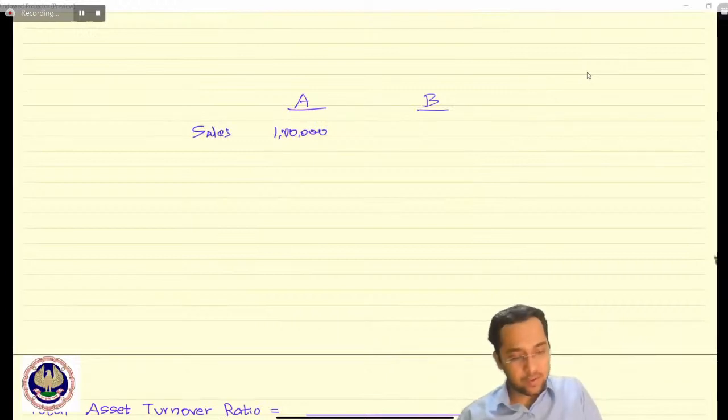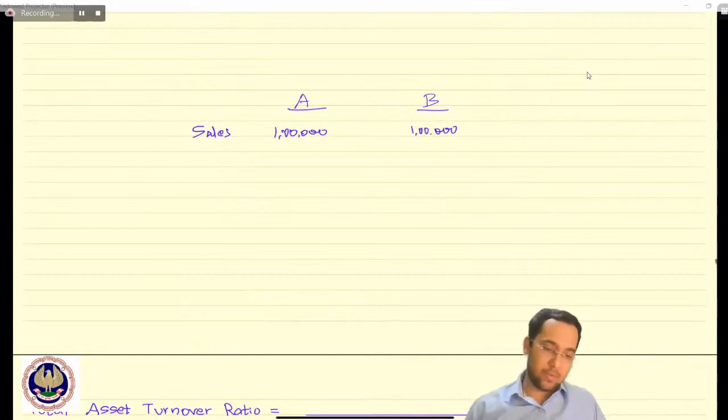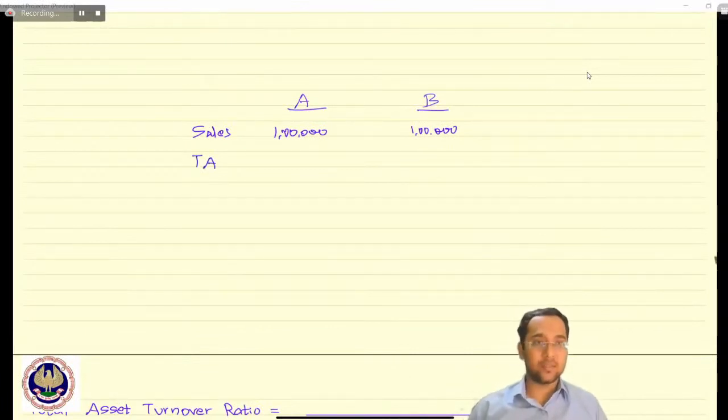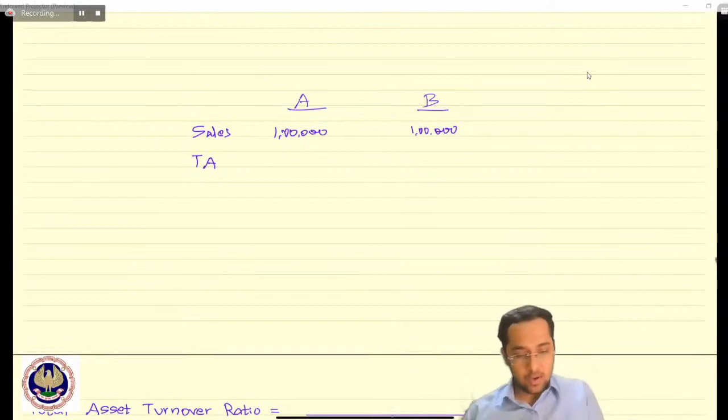Company B also has sales of 1 lakh. So which company is generating good sales? We'll say both of them are the same because the sales amount is the same. But if I say that company A has a total asset base of, let's say, 50,000, and company B has an asset base of 20,000.